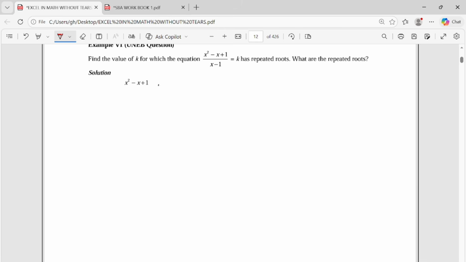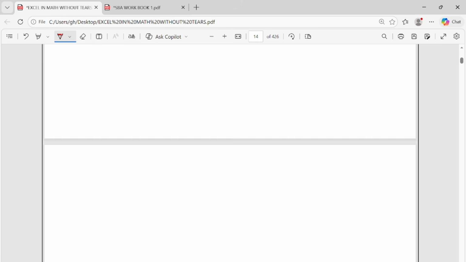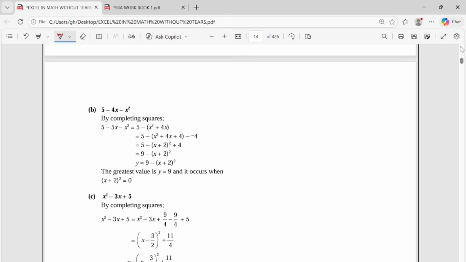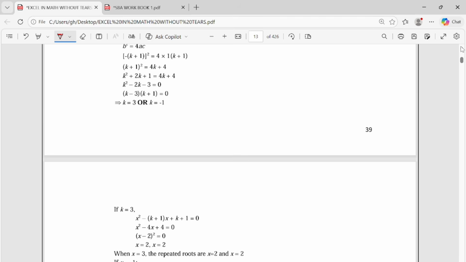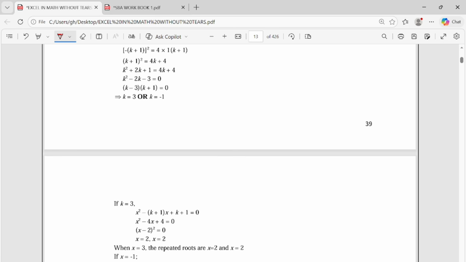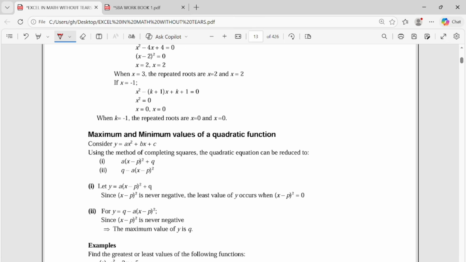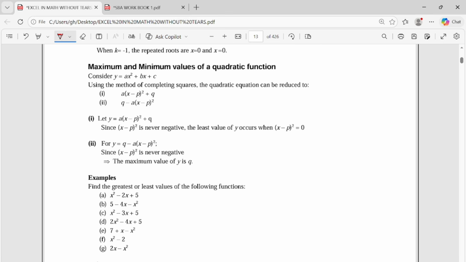This is our next part, maximum and minimum values of quadratic equations.